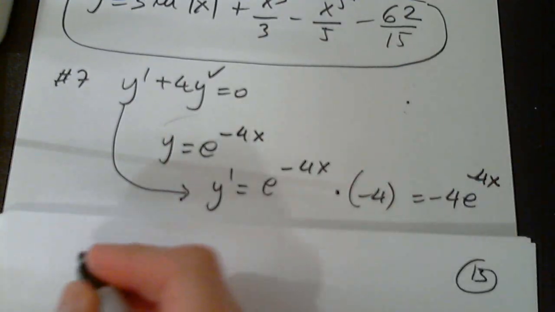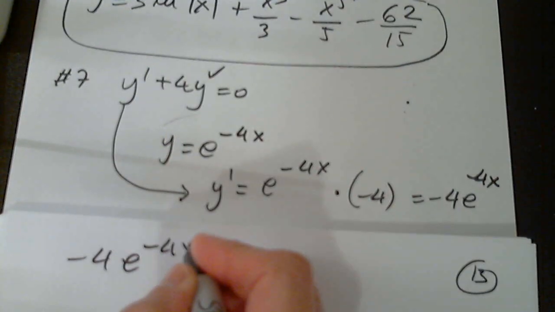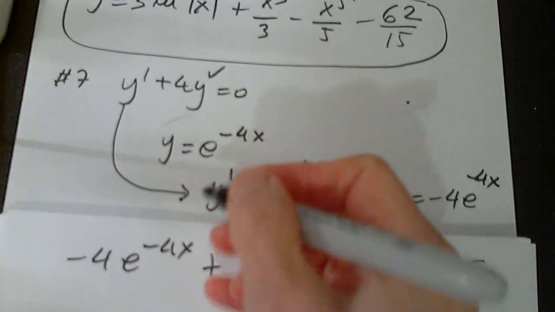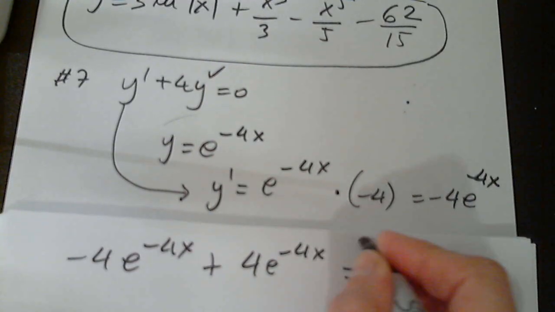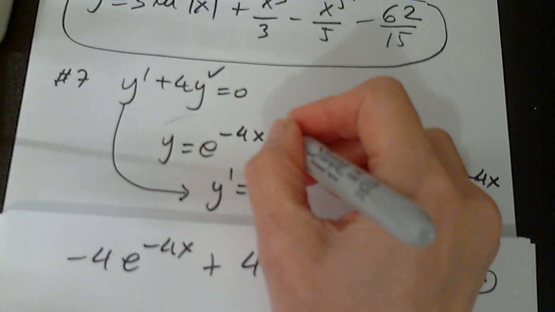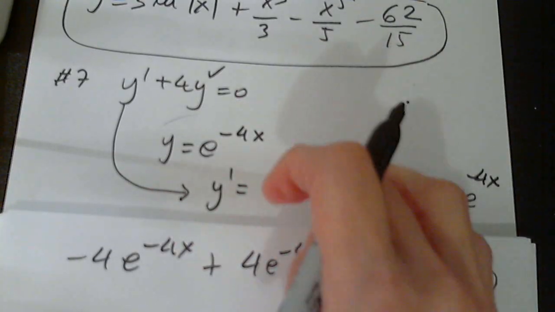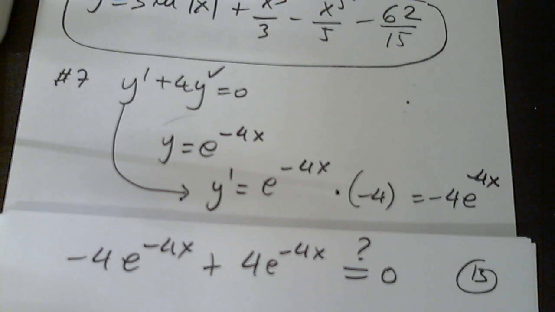So y prime, -4 e to -4x plus 4 multiplied by y. If this equals 0, I'll say yes. If this doesn't equal 0, I'll say no. What will you say? Would you say yes? Or would you say no?